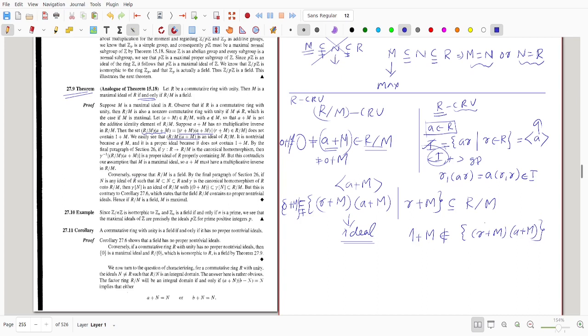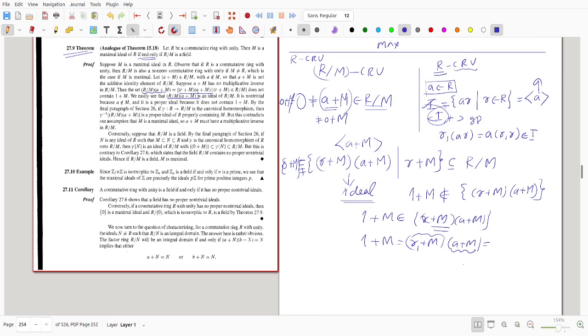Otherwise this will be the whole ring R over M itself. So if 1 plus M is a member of this set, then we are done.